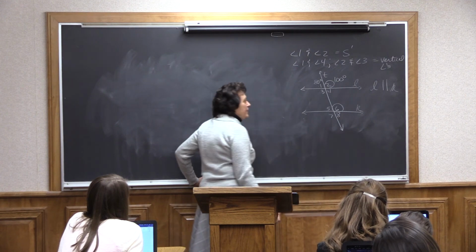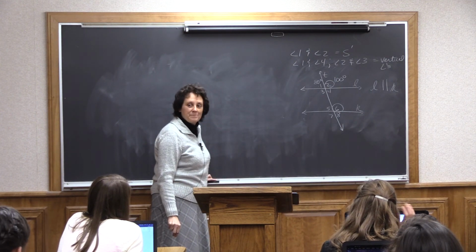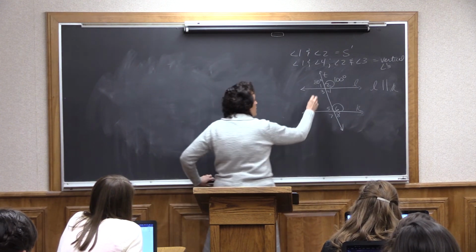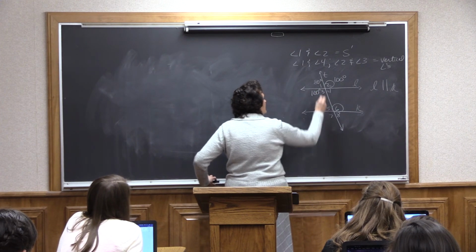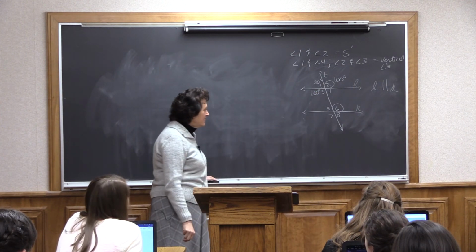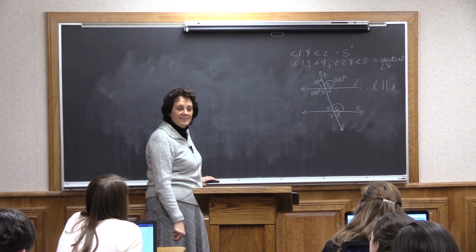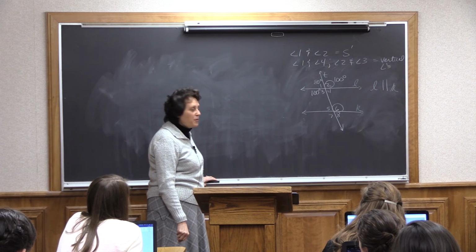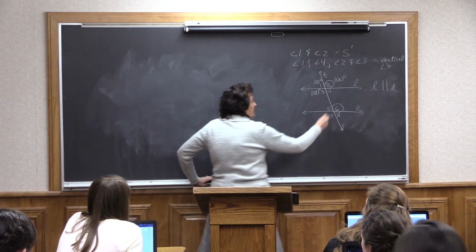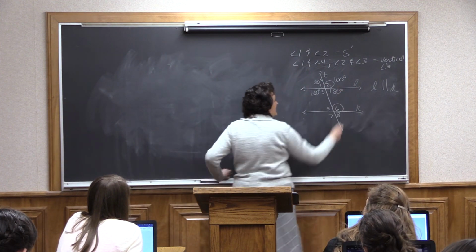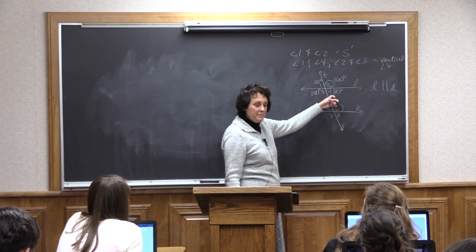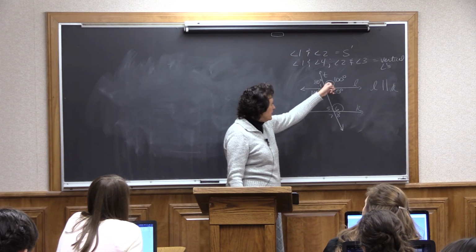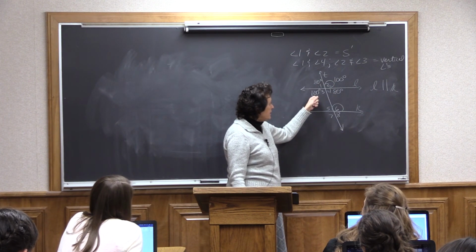What is angle 3? Yes. It's also 100. Why? Because it's a vertical angle to 2. It's vertical to 2 and supplementary to 80. Supplementary to 1. What is 4? It's 80. Same thing. We got all kinds of stuff here. Vertical to 1, supplementary to 2, supplementary to 3.